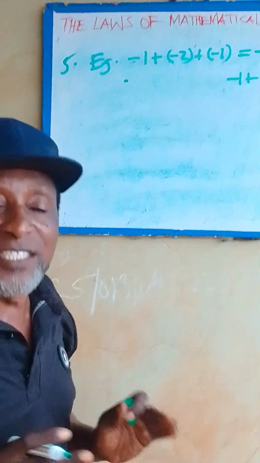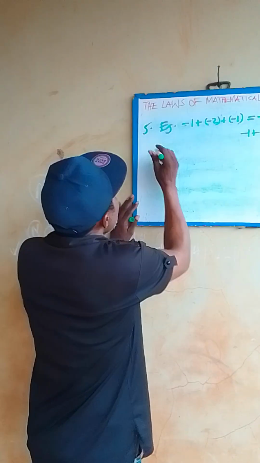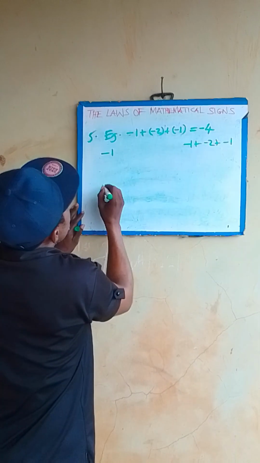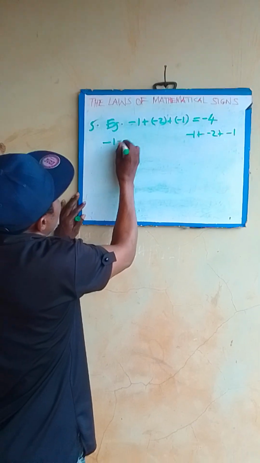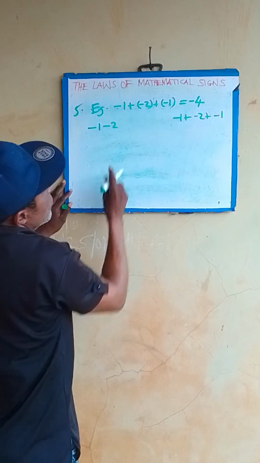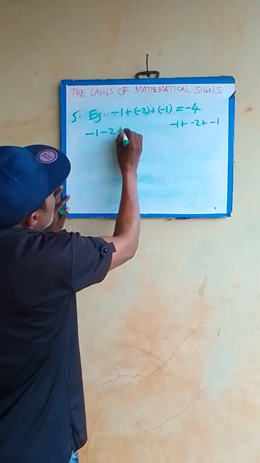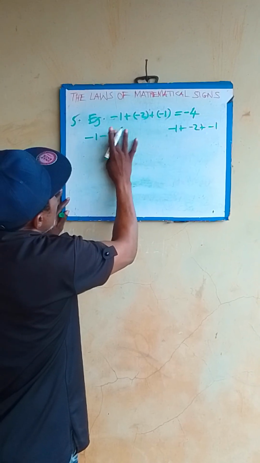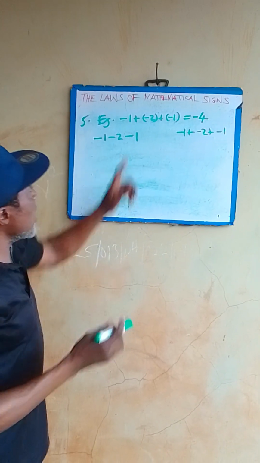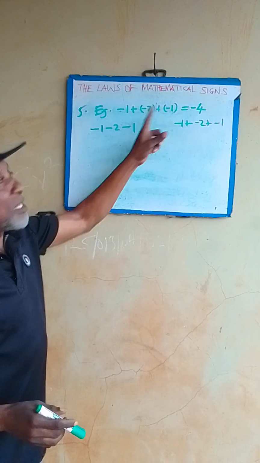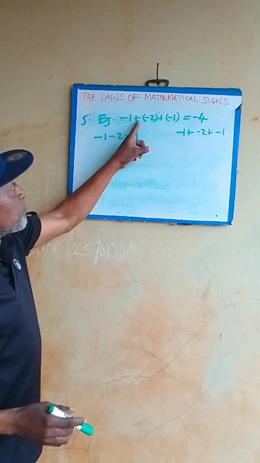You can also write it this way. Minus 1, minus plus times minus is minus 2. Plus times minus here is minus 1. So as you can see, we want to remove this bracket. This thing means plus times minus.